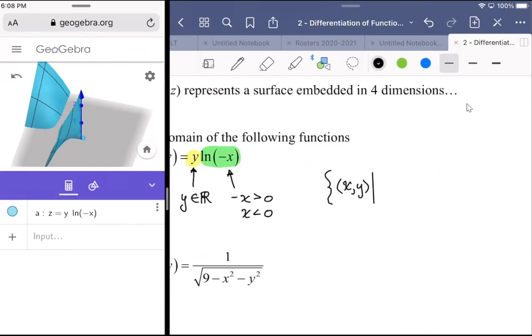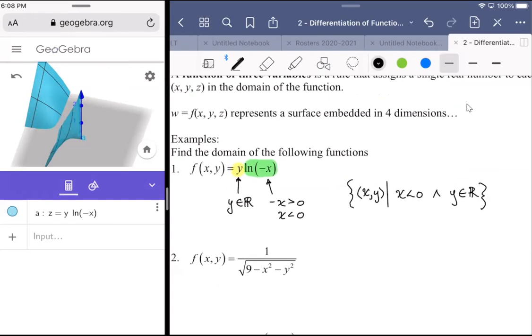So our variables are x and y, given that x is less than 0 and y belongs to the set of real numbers. All right, because there's both of those things happening concurrently that allows this function to exist. All right, so that's my domain.